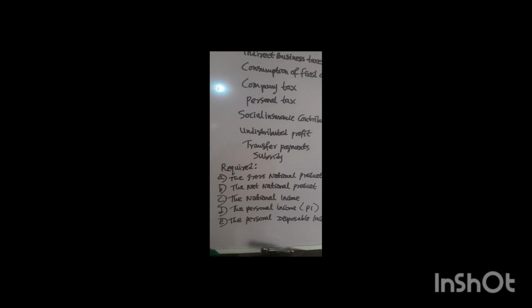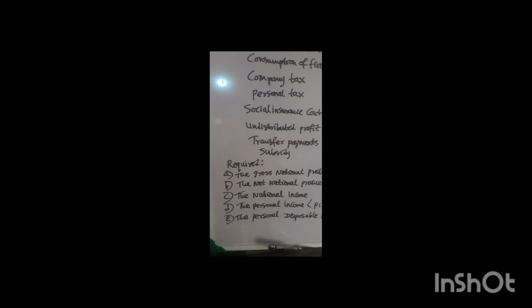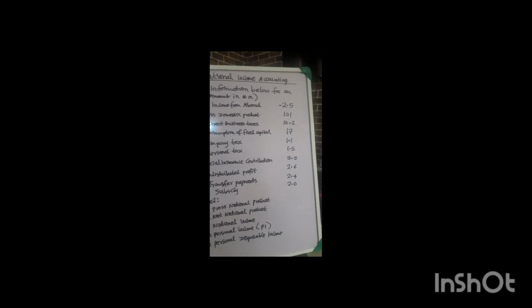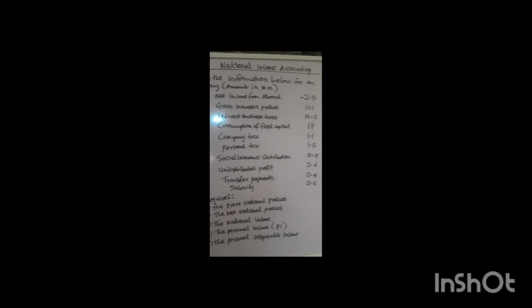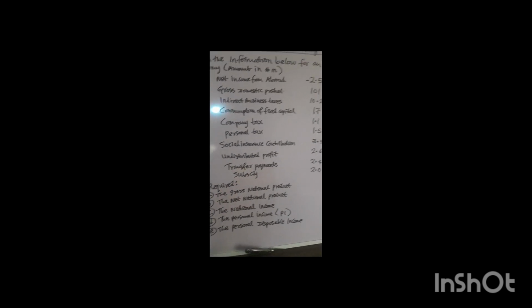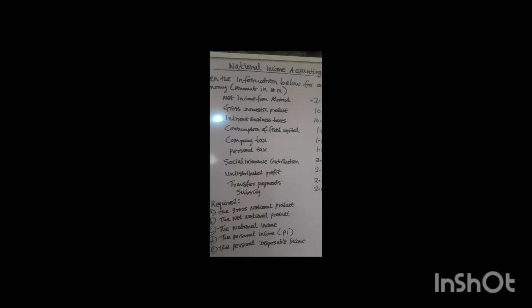D, the personal income, PI. E, finally, the personal disposable income. This is a practice question from the ICAN ATS2 study pack on economics. So we'll go straight to getting the solution for this particular question.